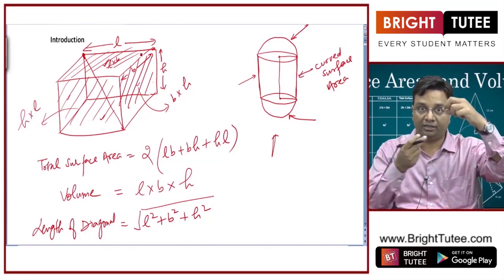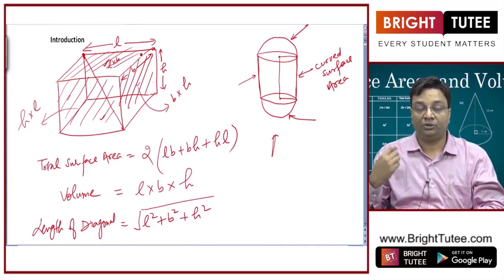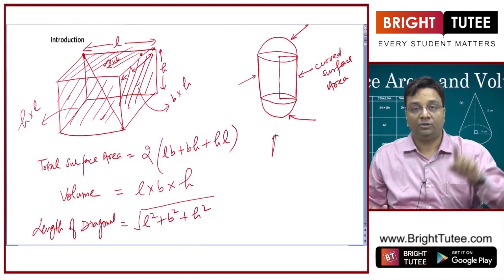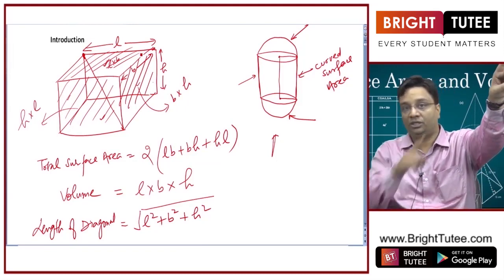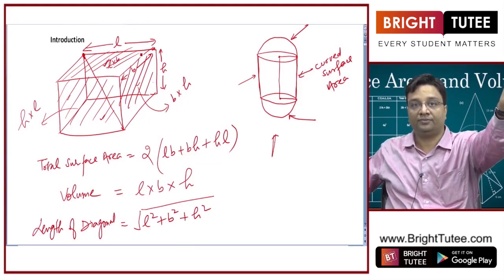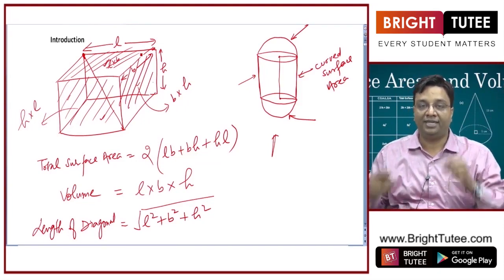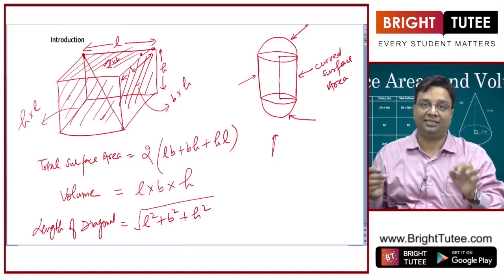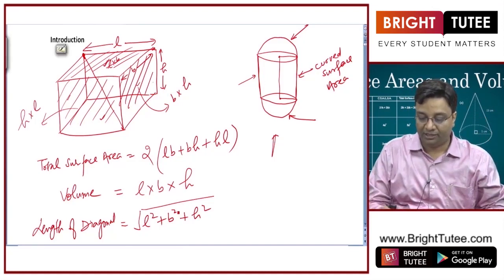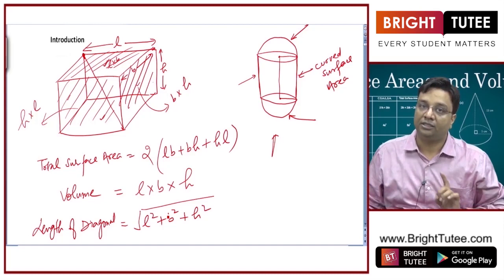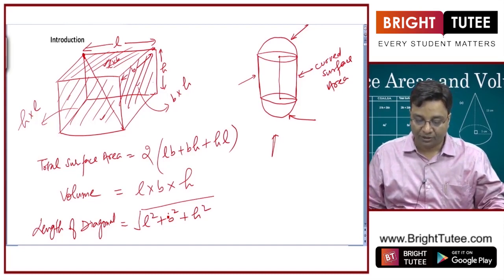I am talking about the diagonal of the cuboid, which joins, if you look at the room you are sitting in, one corner of the room to the right opposite corner of the room, right? Then it will be the biggest diagonal or biggest length that we can place inside the room. It is equal to square root of L square plus B square plus H square.